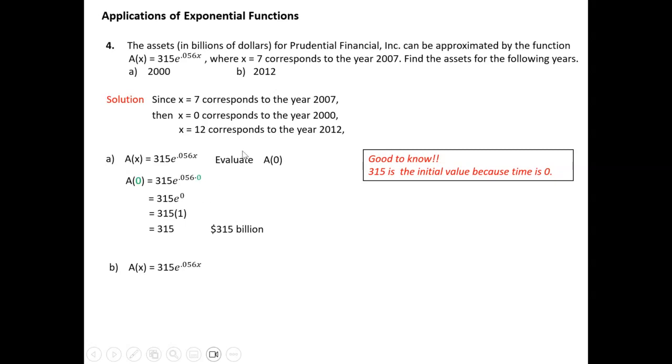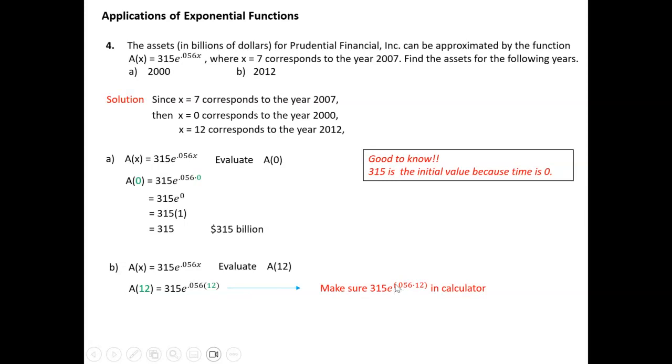For part b, we're going to evaluate the function at A of 12, which means we're going to plug in 12 for the x's. So we can use a calculator. Make sure, guys, it depends on the calculator that you have. If you have one of the new ones that they have here at the math lab, then you'll be okay.